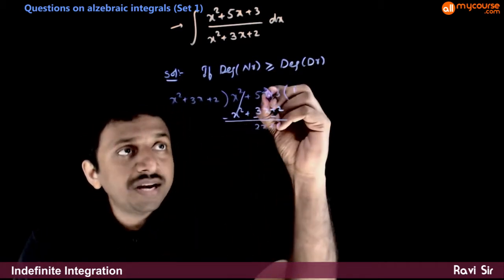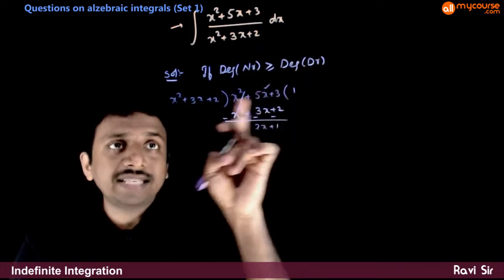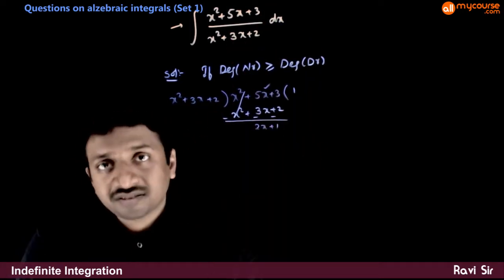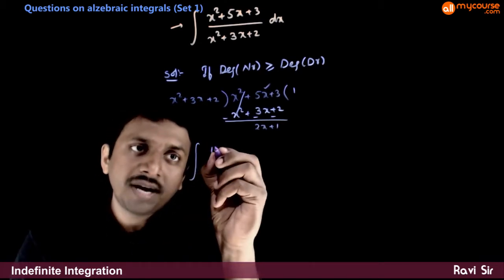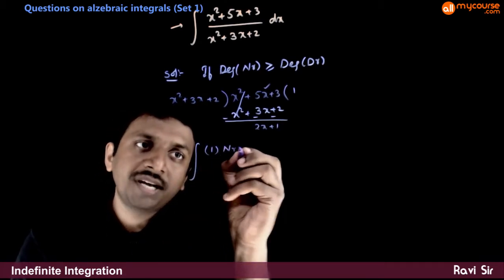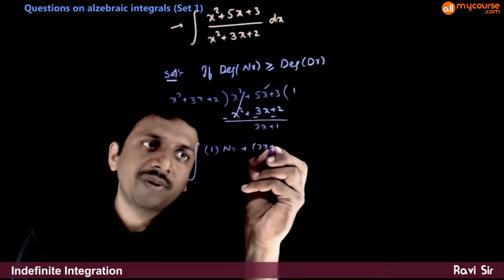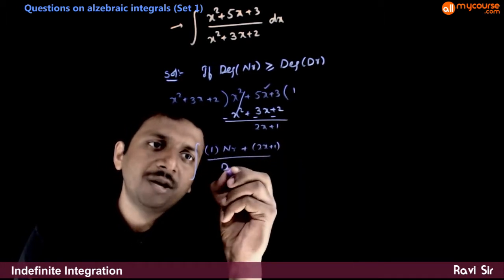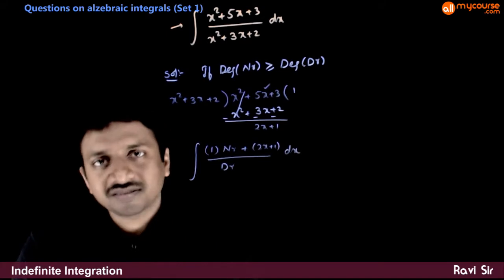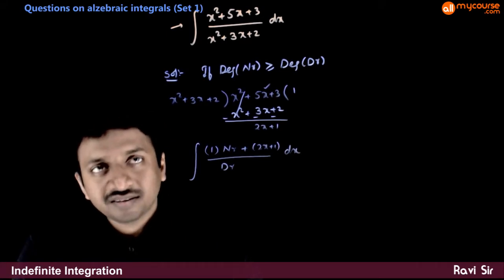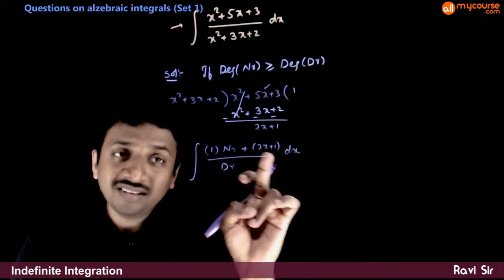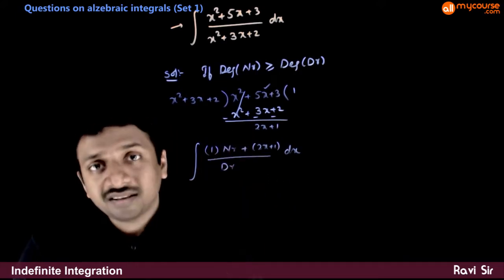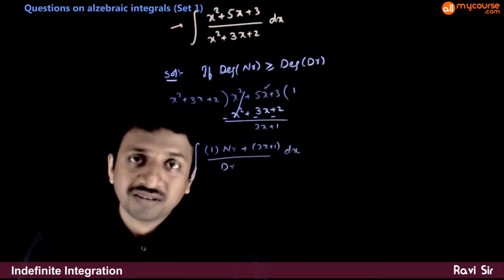That means the numerator can be written as 1 times the denominator plus 2x plus 1. So this becomes the integration of (1 times denominator plus 2x plus 1) by denominator dx. Right? If you divide the numerator by the denominator, you get the quotient as 1 and the remainder as 2x plus 1.